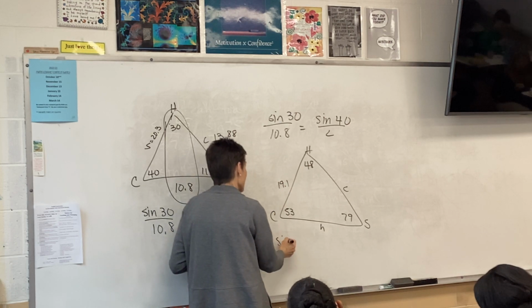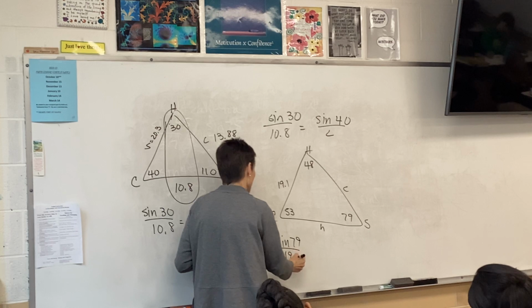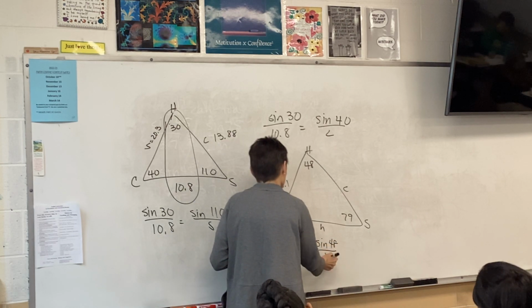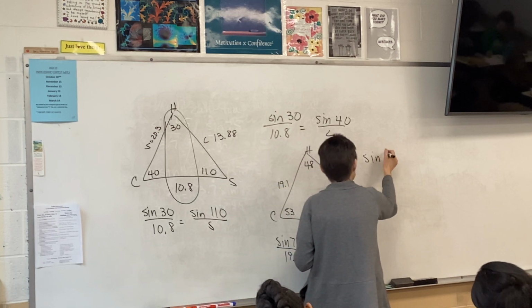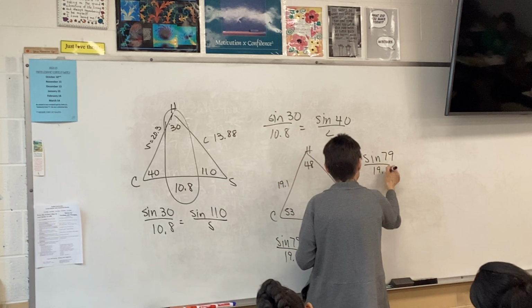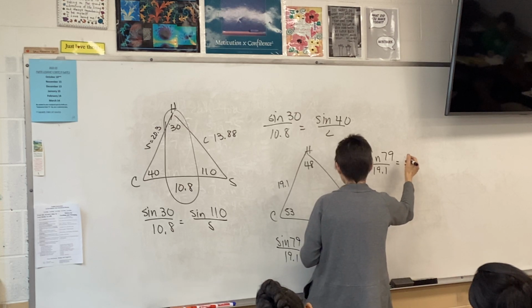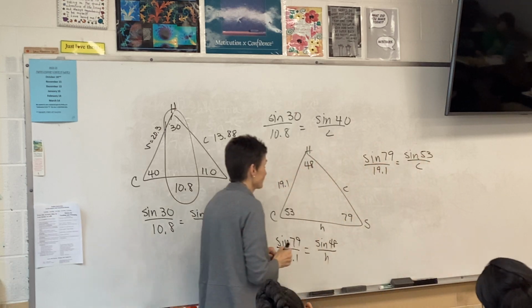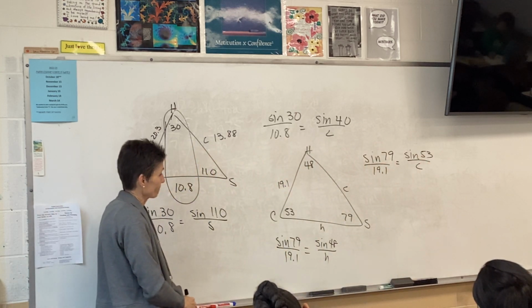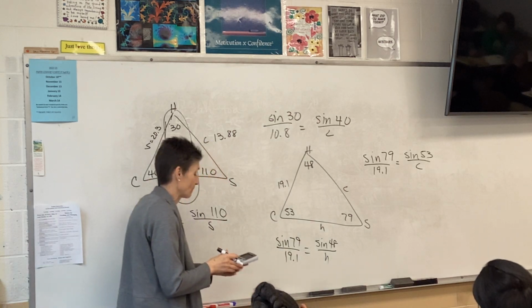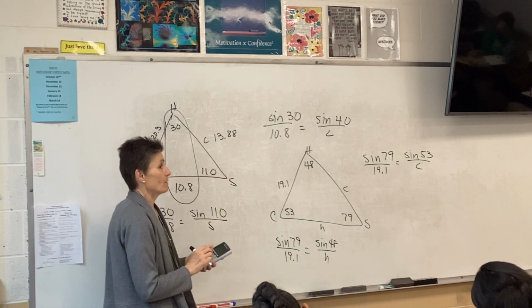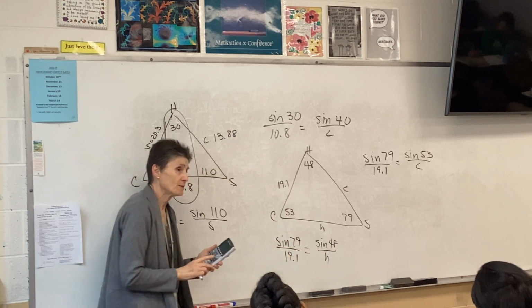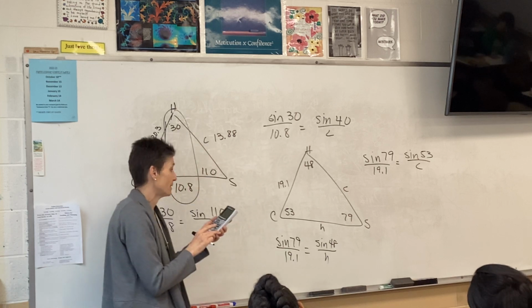So let's go: sine 79 over 19.1 equals, order doesn't matter, sine 48 over h. Sine 79 over 19.1 equals sine 53 over c. Remember, anytime you're doing this cross multiplication, close the parentheses after any angle that you type in.